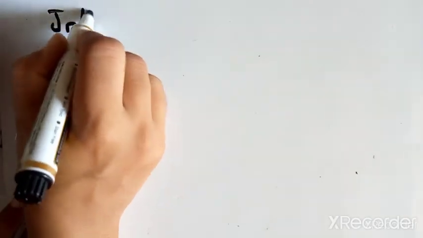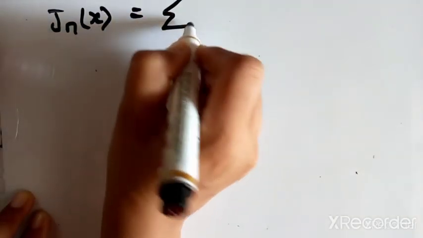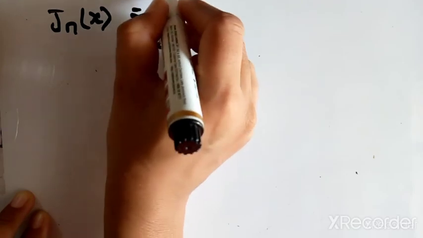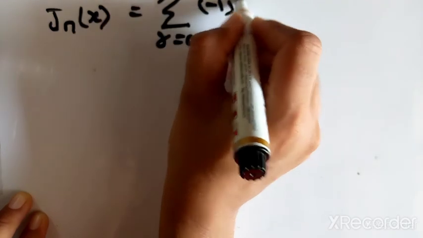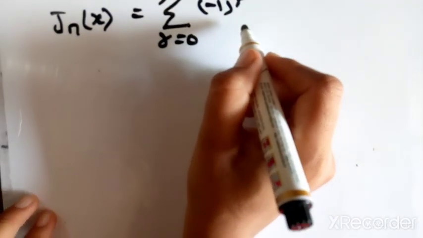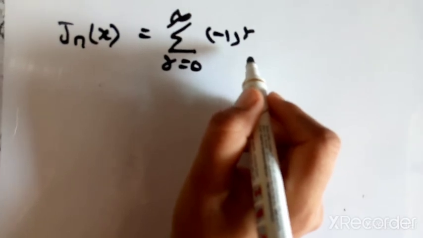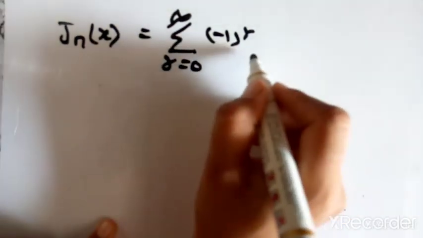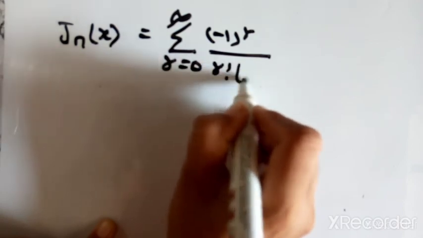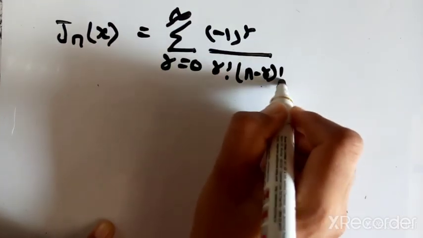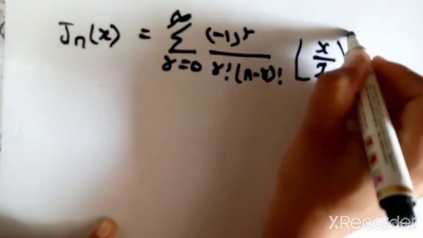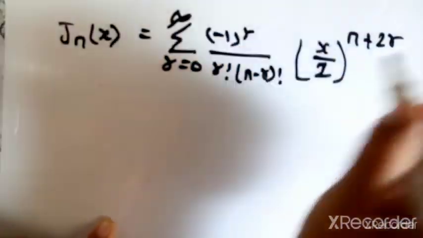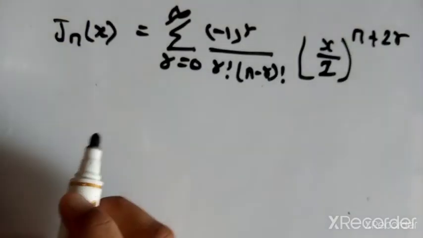Our Bessel function is J n of x equal to summation r equal to 0 to infinity of (minus 1) power r divided by r factorial (n minus r) factorial (x over 2) whole power n plus 2r. This is our solution of Bessel differential equation.